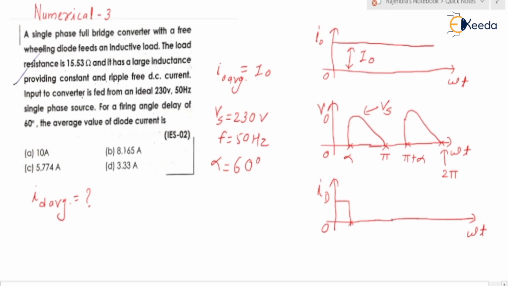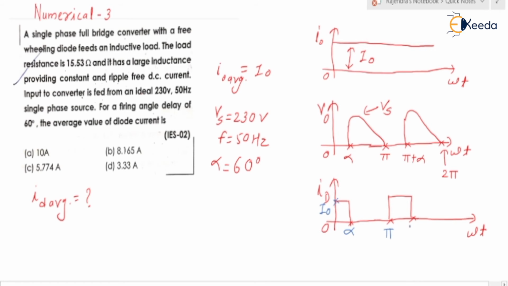Next, from pi to pi plus alpha, again ID will be the same as the load current. So this magnitude is I0. Here it is pi and here it is 2 pi plus alpha. So this should be pi plus alpha.